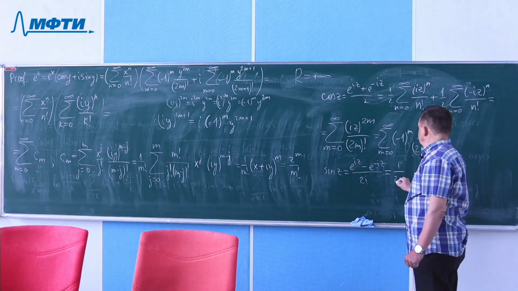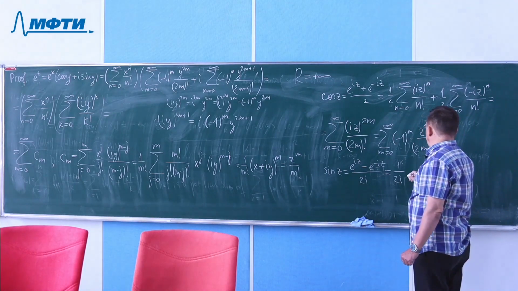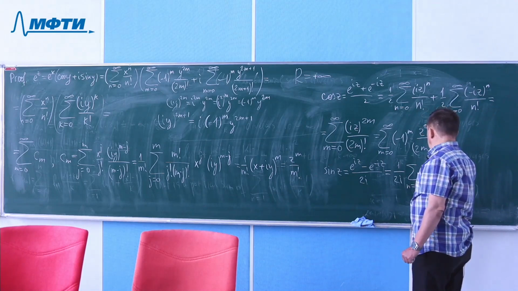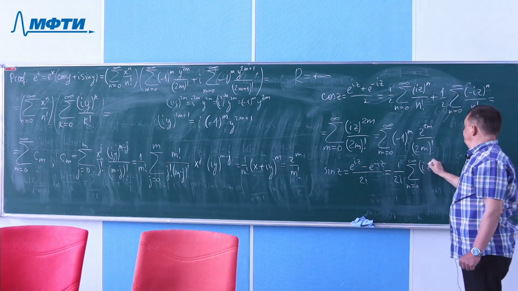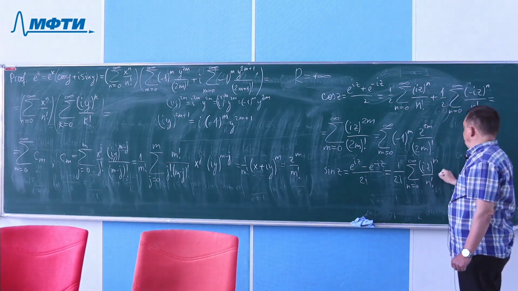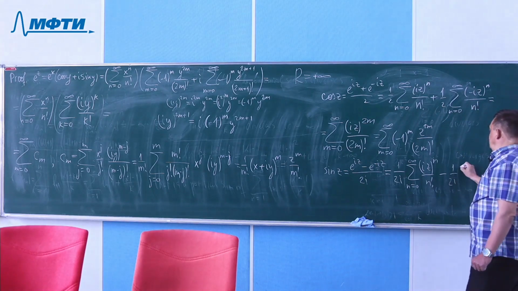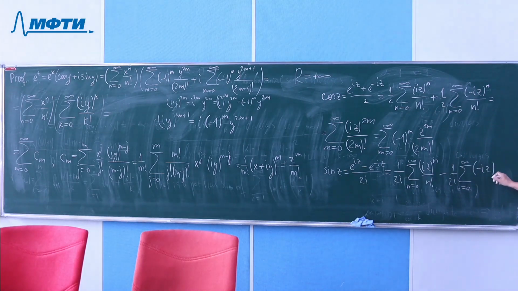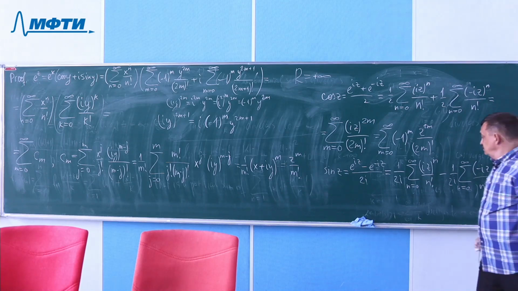So 1 over 2i sum of iz to the power n over n factorial minus 1 over 2i sum of minus iz to the power n over n factorial. Now you see, when n is even, both terms coincide, and we have minus here, so they are cancelled. For n even, only n odd remain.